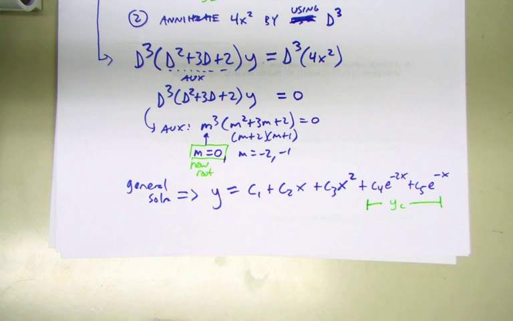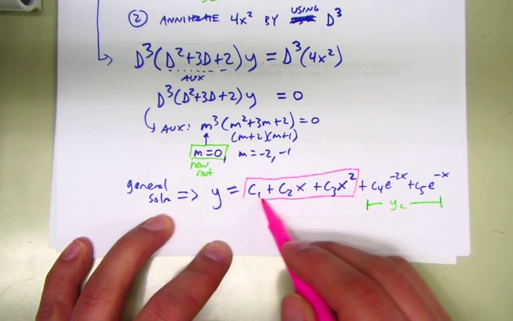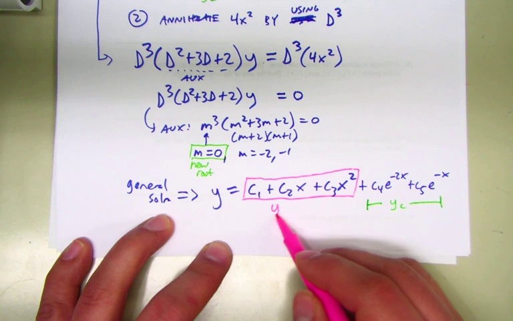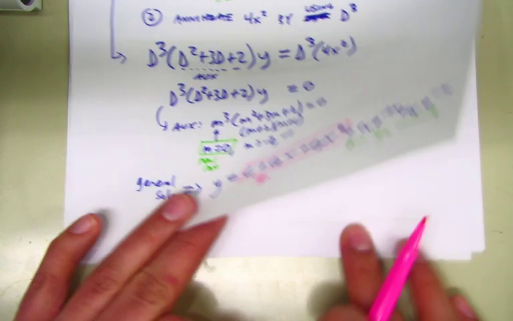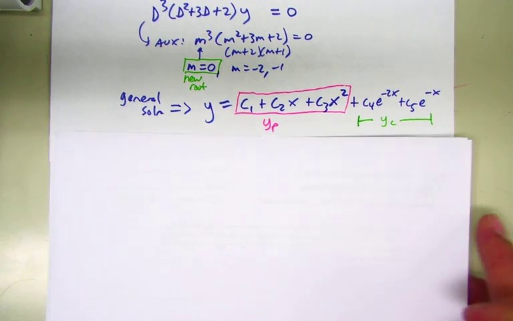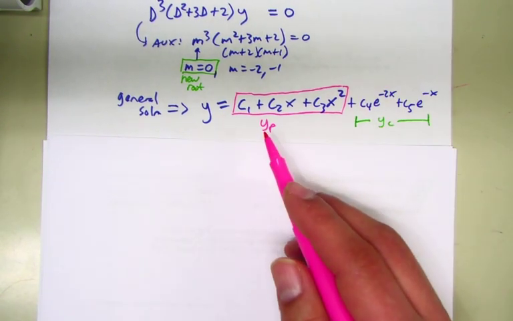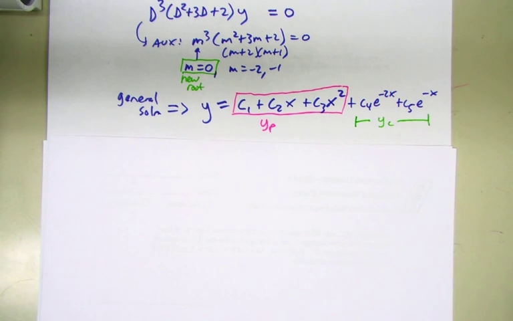So that means then that the first 3 terms, which are brand new and we have yet to see, must be the particular solution. Okay, and so now, once we know what the particular solution looks like, we can plug this into the differential equation to figure out what it needs to be.